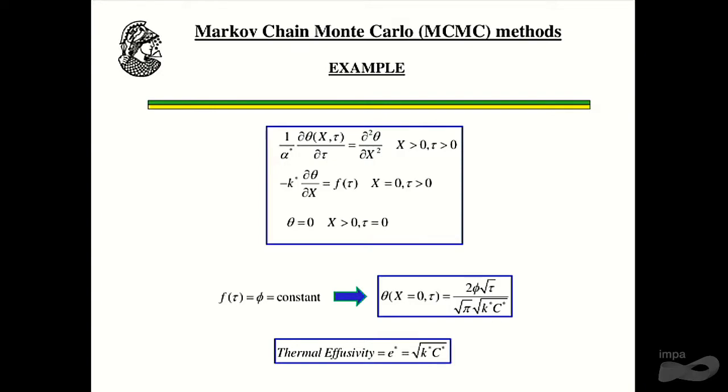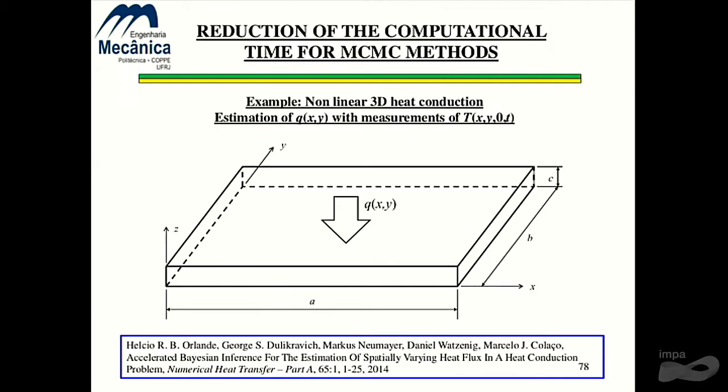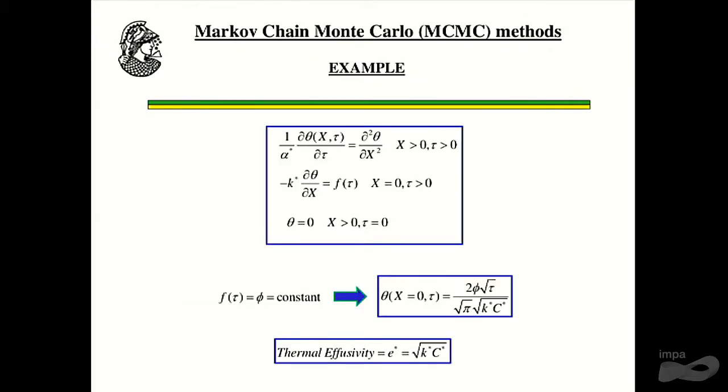So since this is E star, we see that the heat flux phi and the effusivity E are perfectly correlated. Phi and E, they are perfectly correlated. So we have two parameters.